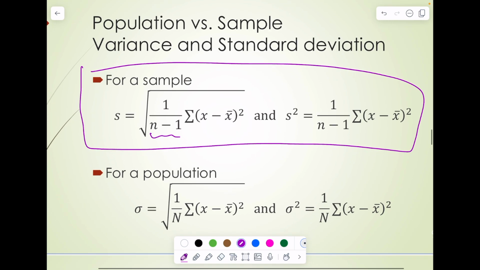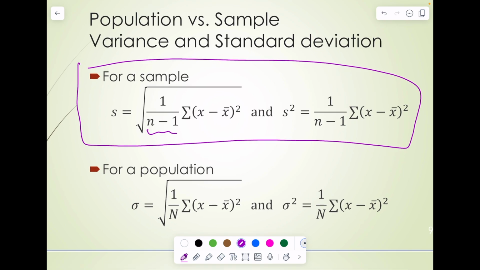However, if, and we may do this once or maybe twice throughout the course of the semester, if our data is regarded as a population, such as we have all of the Major League Baseball players. I mean, it's not an infinite list, it's not super big. Or maybe all of the gold medalists, right? That's a population. Then we would use this formula for the population.